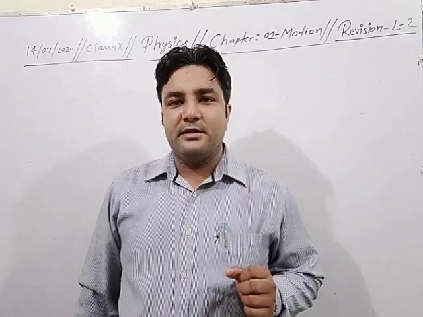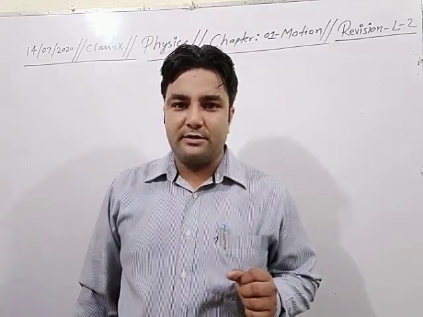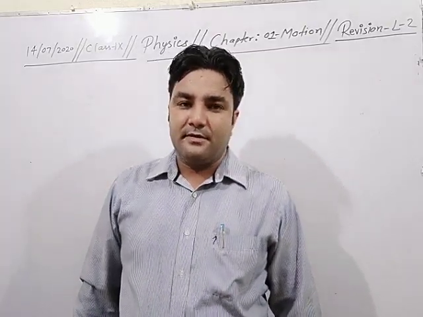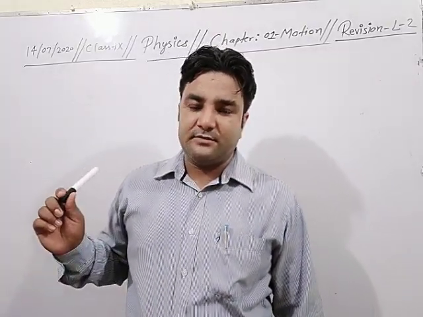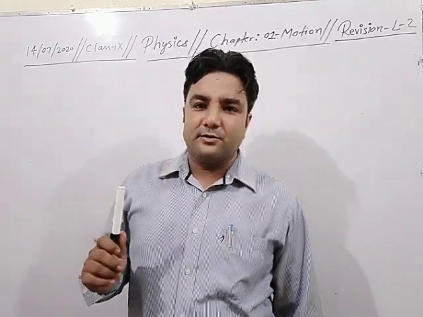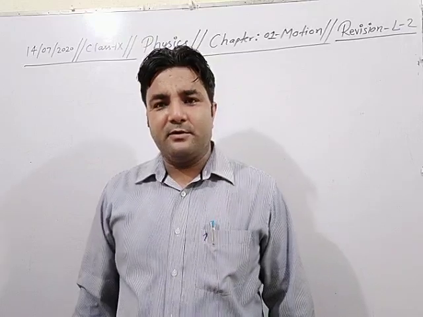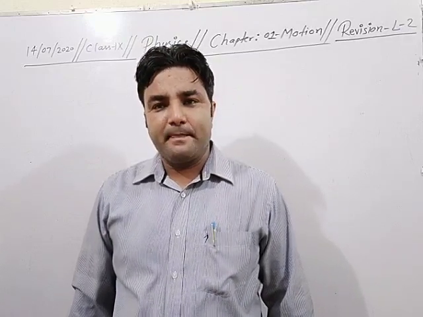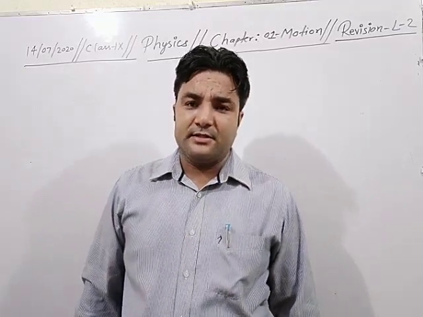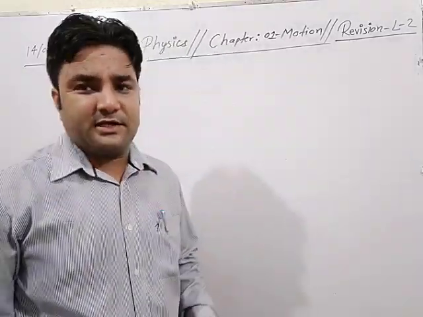Second, s is equal to ut plus half at square. And third, v square is equal to u square plus 2as. Without information about these terms, derivation of the formulas is not possible. So you must listen carefully to all the terms given in today's lecture. Just see what the concept is.